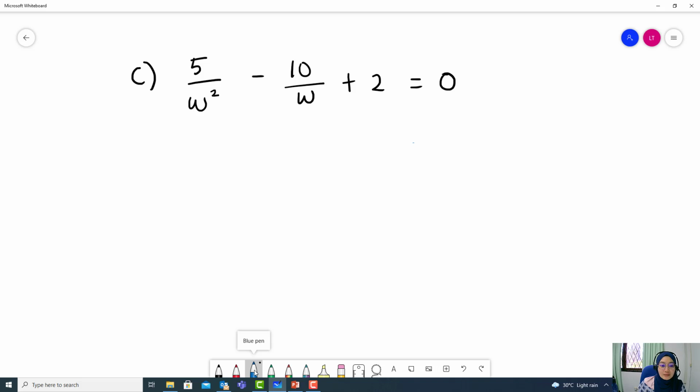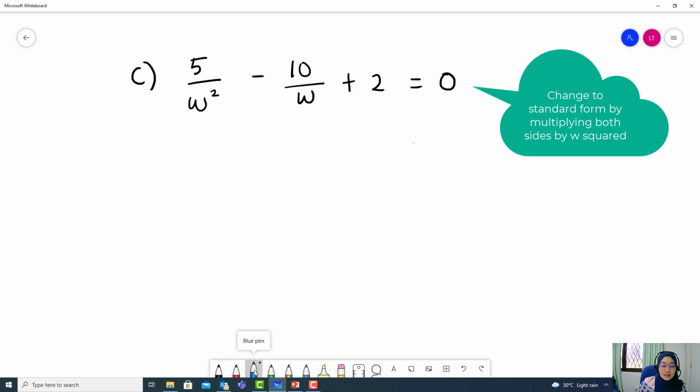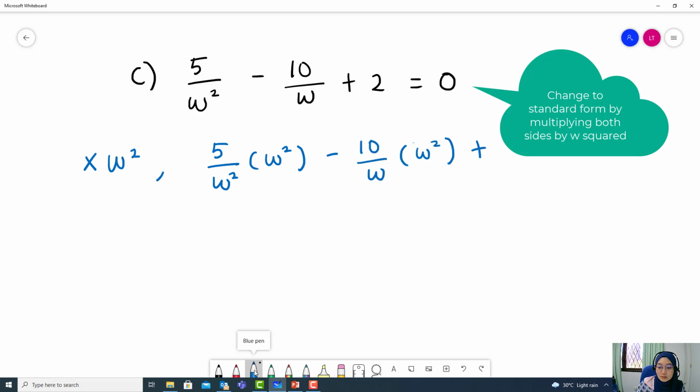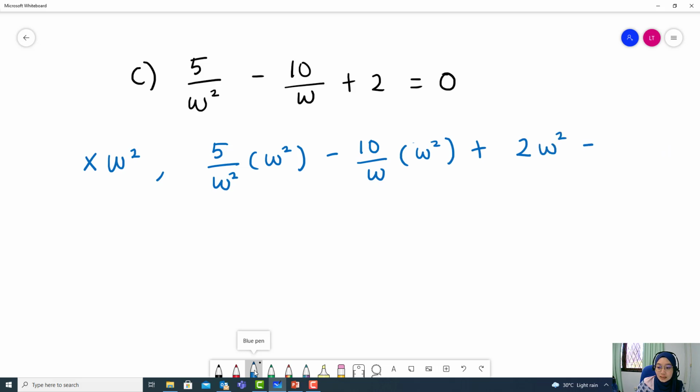Question C, given the equation 5 over w squared minus 10 over w plus 2 equals 0. So you need to change it to standard form and make it a polynomial equation. To do that, multiply both sides by w squared. 5 over w squared multiplied by w squared, minus 10 over w multiplied by w squared, plus 2 multiplied by w squared, equals 0 multiplied by w squared, equals 0.